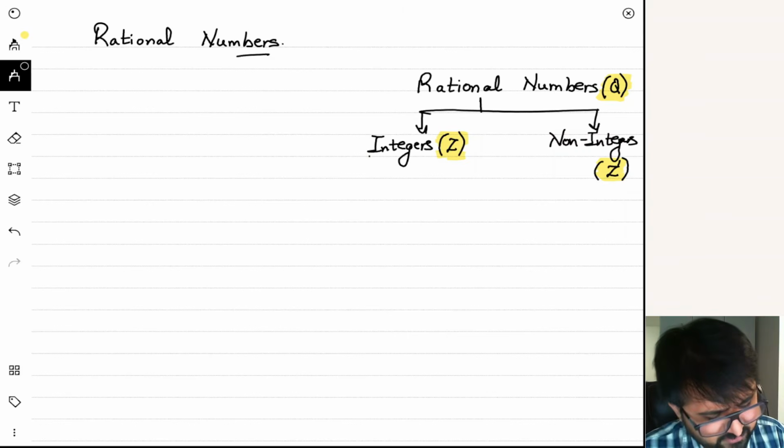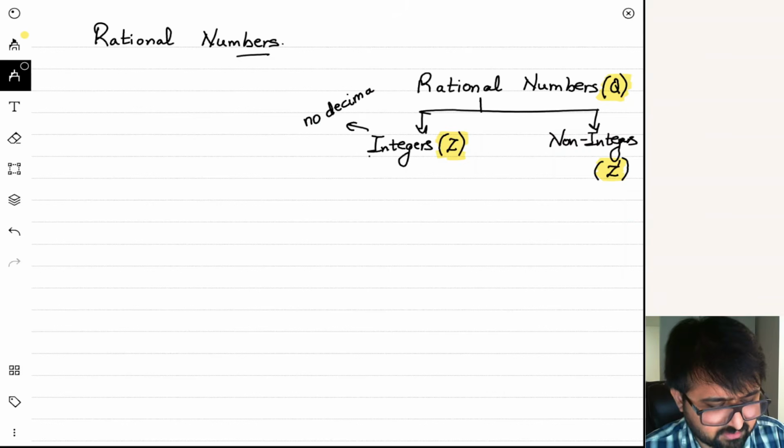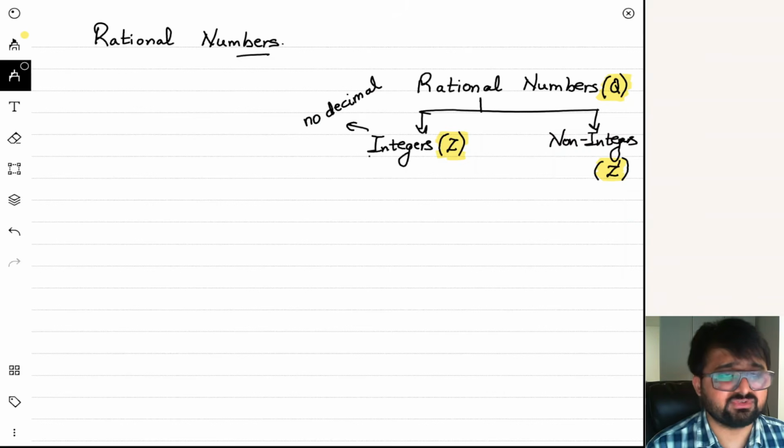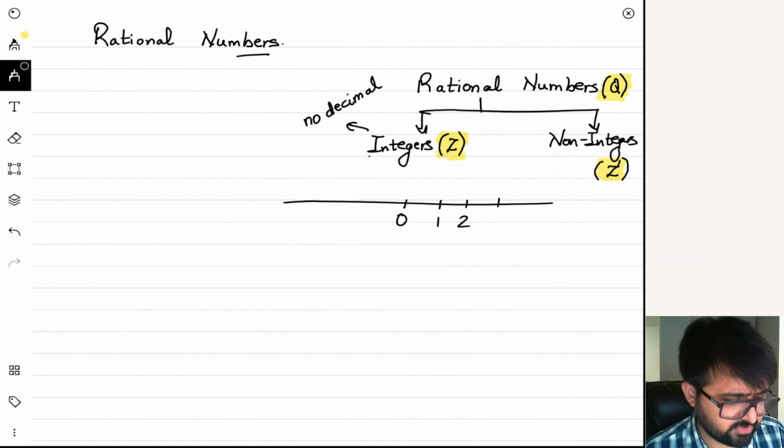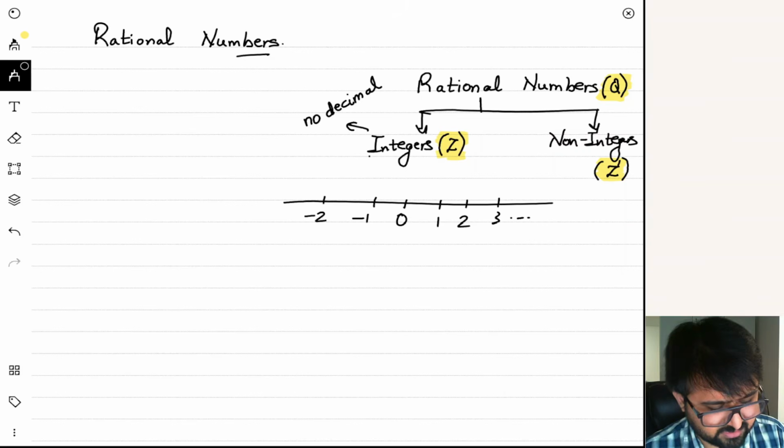Now, integers, it's very simple to identify. Integers are numbers without a decimal, so whenever there is no decimal point, it's an integer. So let's say this is a number line: 0, 1, 2, 3, and so on. Then there is -1, -2, -3, and so on.